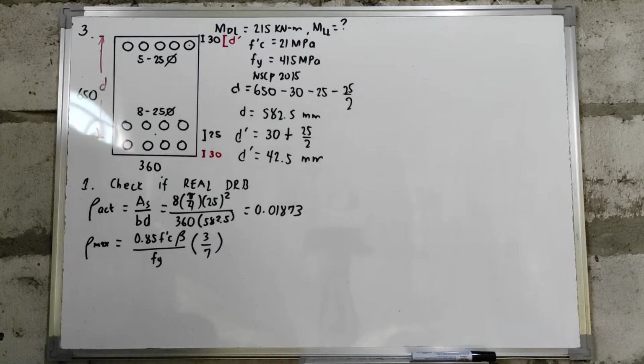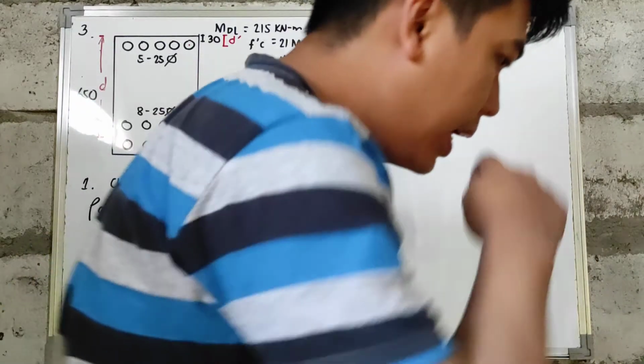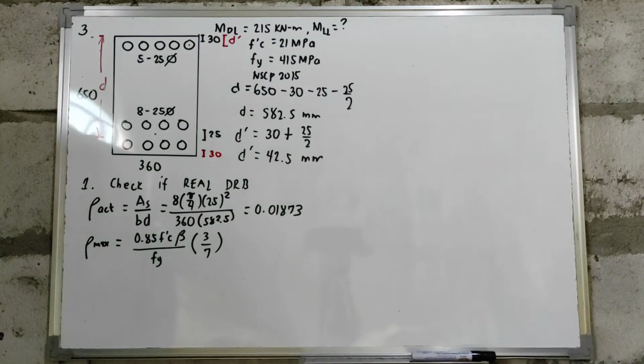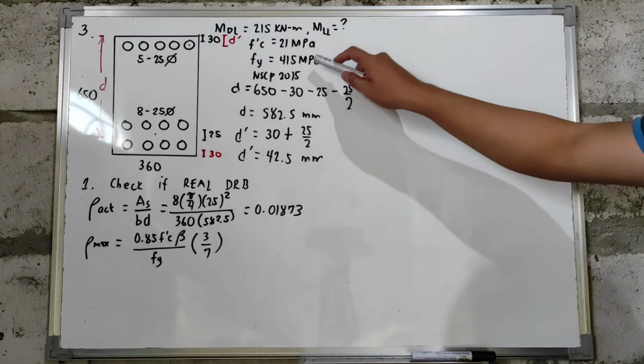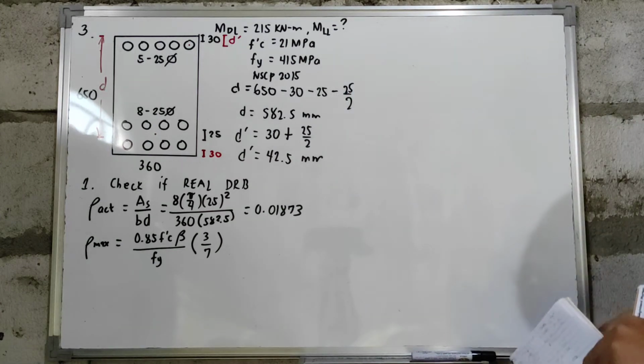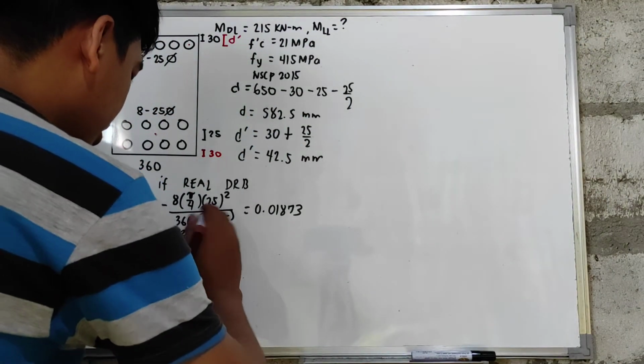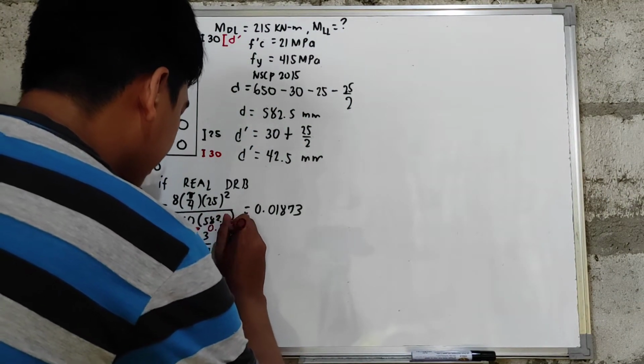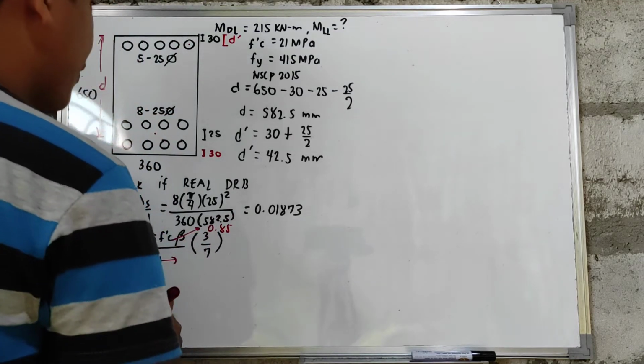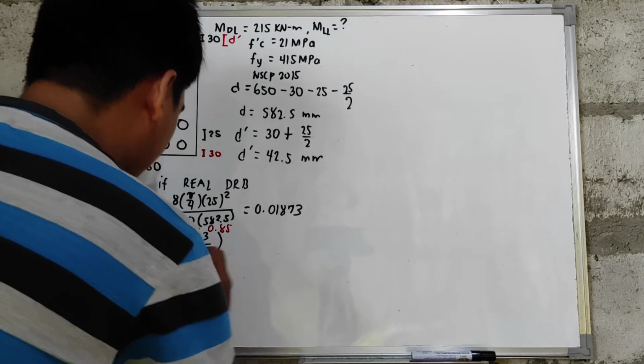Since yung value ng f'c natin, that is less than to the limiting value natin na 28 megapascal using NSCP 2015, therefore, the value of your beta is equal to 0.85. And you will have the value of your Fy which is equal to 415 megapascal.